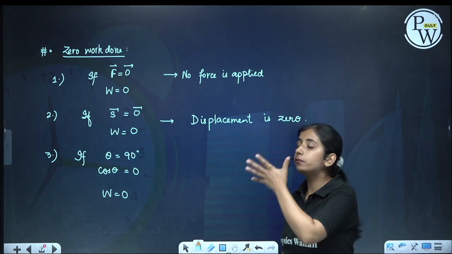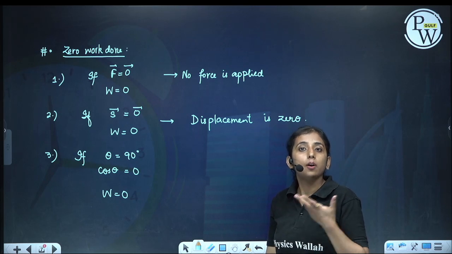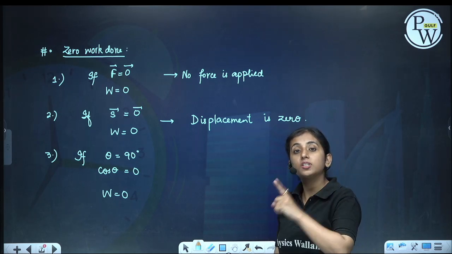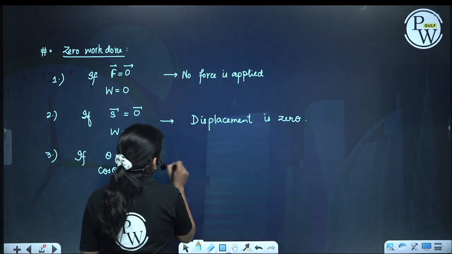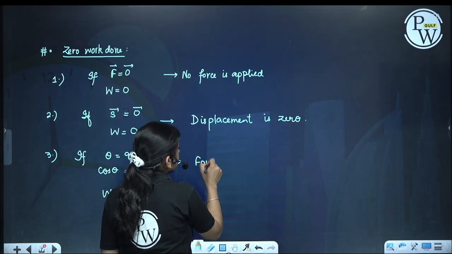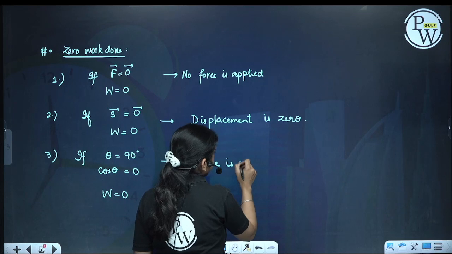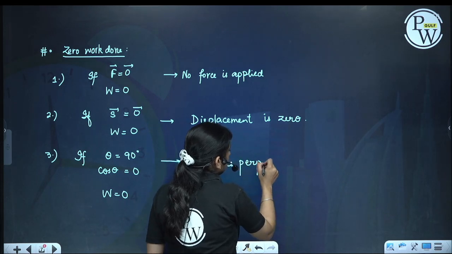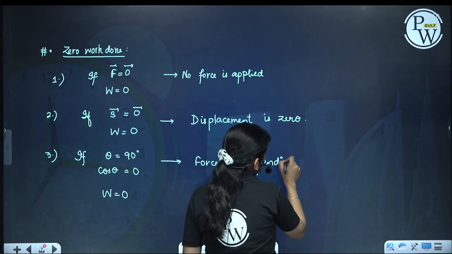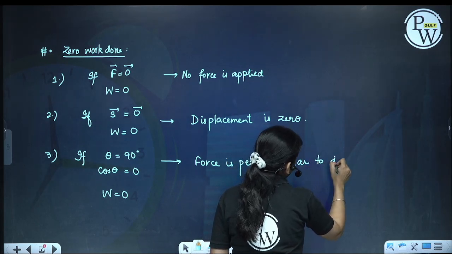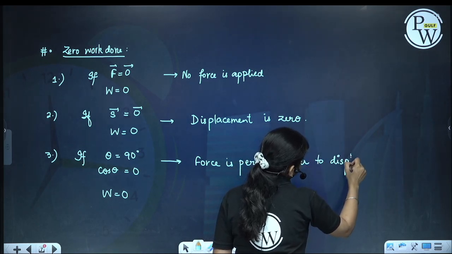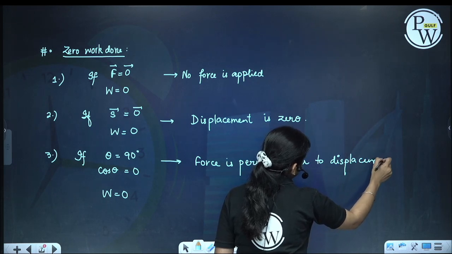Example, apply the force on a wall. Wall doesn't move, so displacement is 0. You still applied a force. And then third case, force is perpendicular to displacement. Now there are so many examples of this third part.